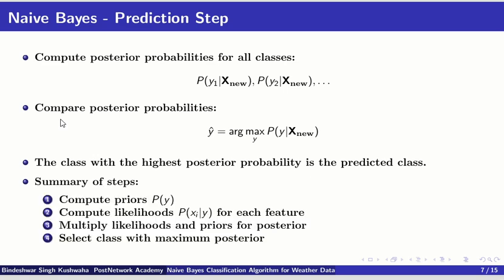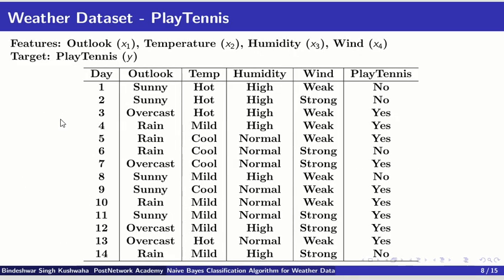So the summary of steps: compute P(y), the probability of a class, compute likelihoods P(xi given y) for each feature, multiply likelihoods and priors for a posterior, and select the class with maximum posterior.